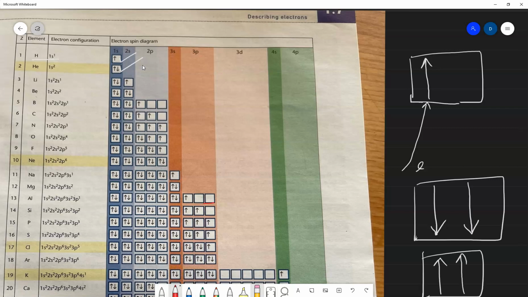This is wrong, because 2 electrons can exist in the orbital only if they spin in opposite directions. One goes this way, the other goes this way, so the net momentum should be 0. That's what the arrow is all about. So don't try to do these things. You can't use both down arrows or both up arrows.